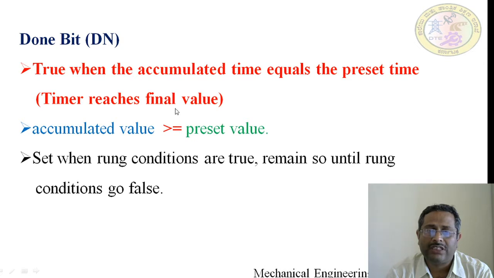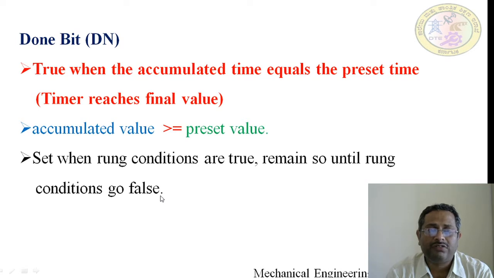It is enabled when the accumulated value is greater than or equal to the preset value. Until then it is false. It will be set when the run conditions are true and remain so until the run conditions go false. This is the done bit.